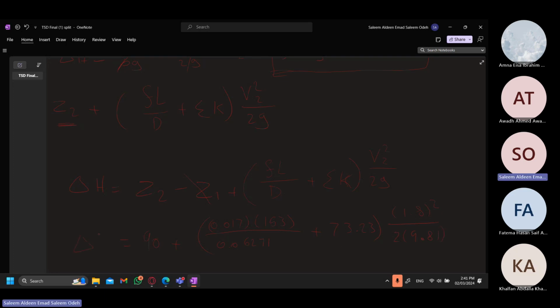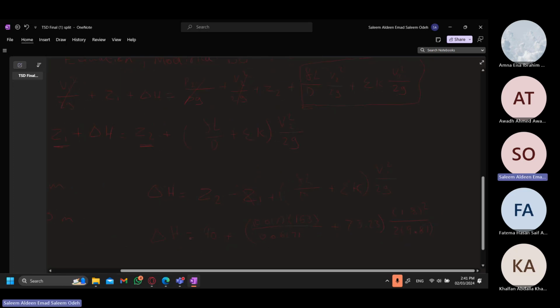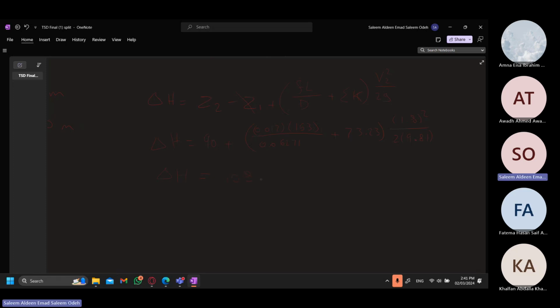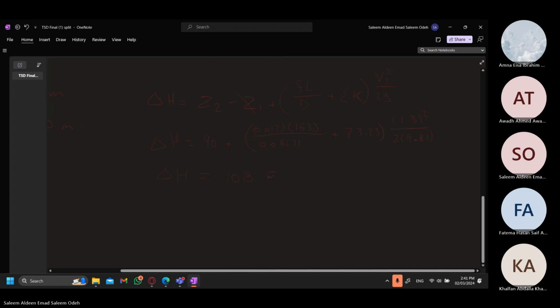So now we can easily calculate the value for the head, which is 108.93 meters. That is the unit for the delta H, meters.